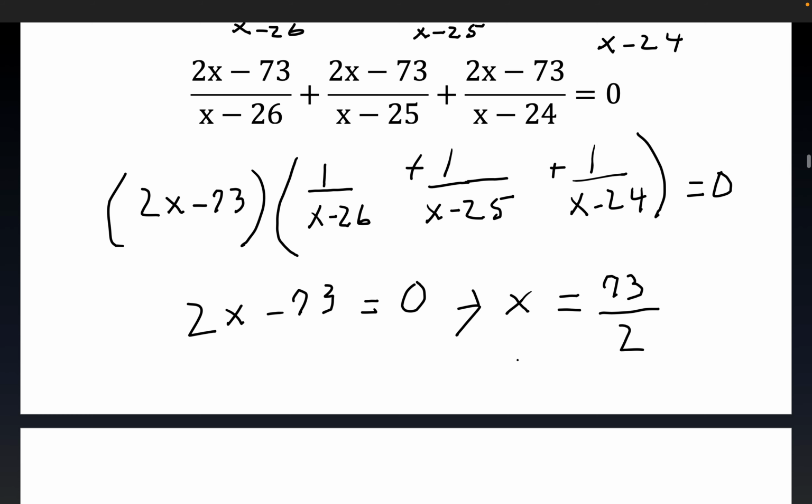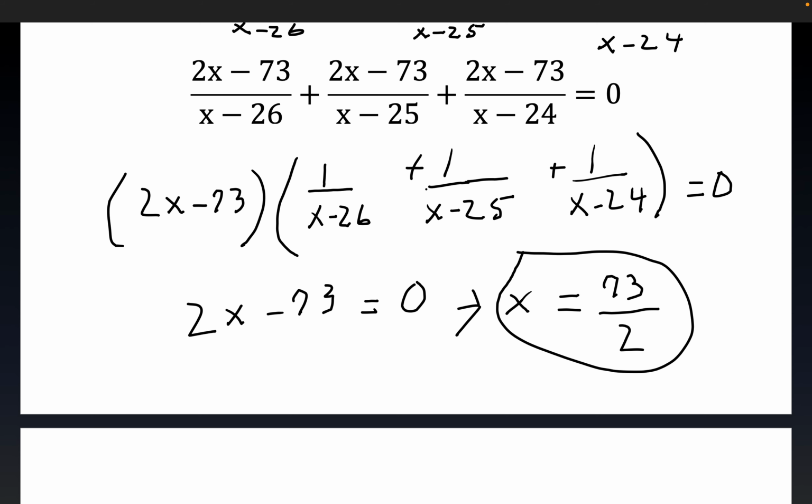I think 2 of them might be rational, and the others may be either irrational or complex. I'm not sure, but we did find at least 1. And again, you would have to set this piece right here, which I think is kind of a challenge. Maybe it's easier than I think. Maybe you would get a numerator that factors nicely or something. I don't know.